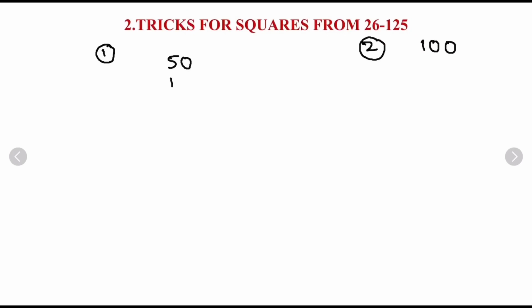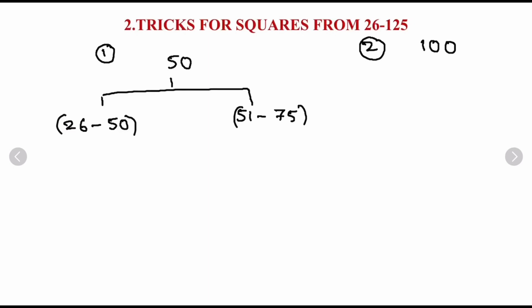The near to 50 category is divided into two: 26 square to 50 square, and 51 square to 75, that is, minus 25 or plus 25 around 50.